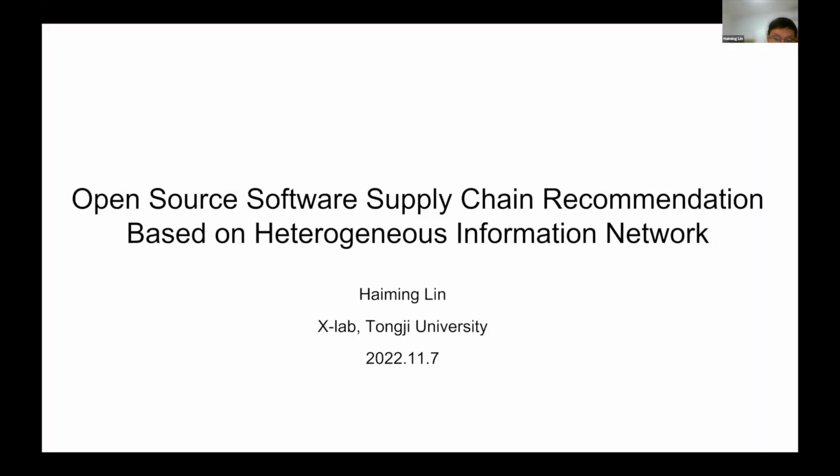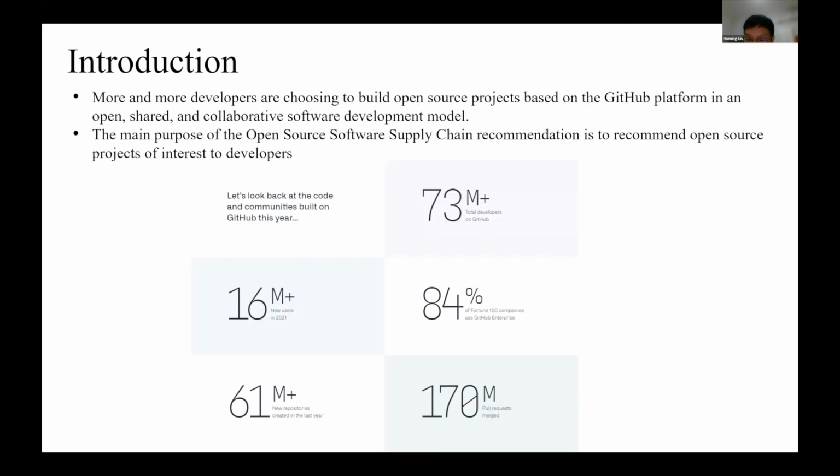With the rapid development of the open source ecosystem and the popularity of GitHub, more and more developers are choosing to build open source projects on the GitHub platform in an open, shared, and collaborative software development model.